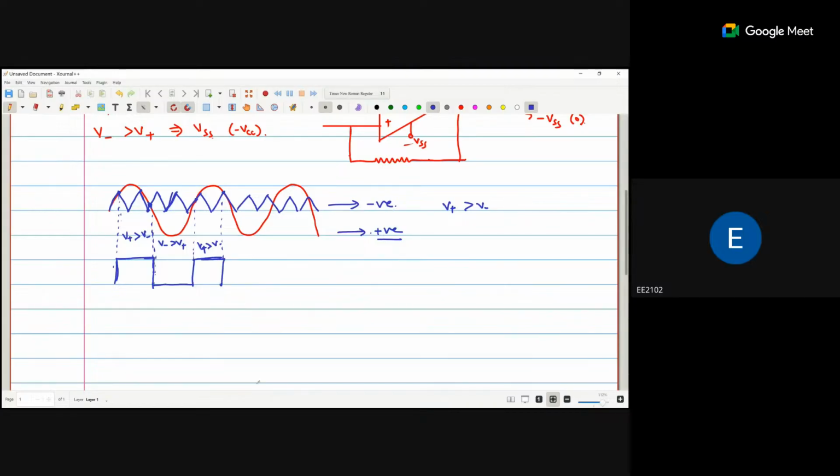Okay. From this point to this point, again from this point to this point, again the positive signal voltage is greater than the negative.